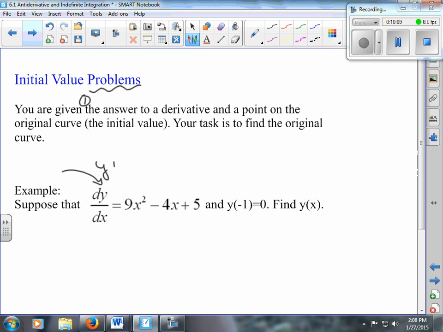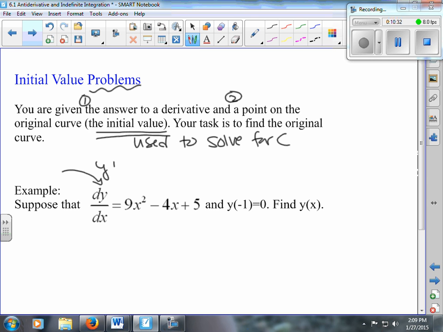But you're also given a second thing, a point on the original curve. This is the initial value. That's why these are called initial value problems. You need to find the original curve. This initial value is used to solve for C. Okay, that's what it's used for.